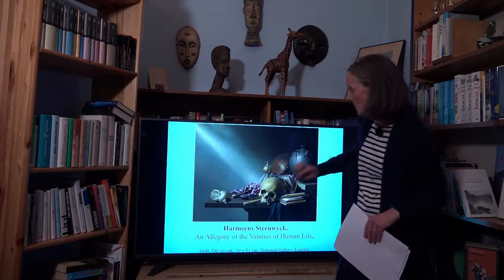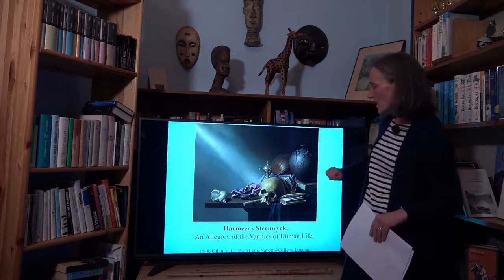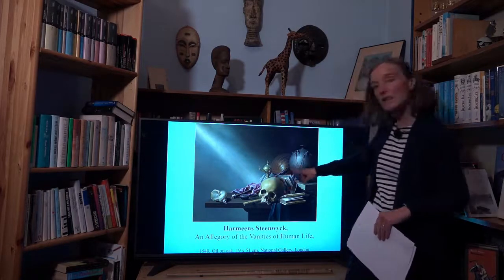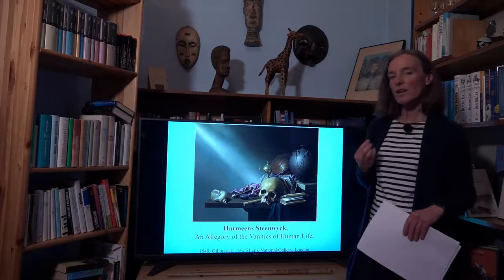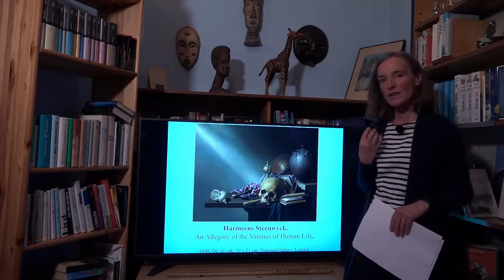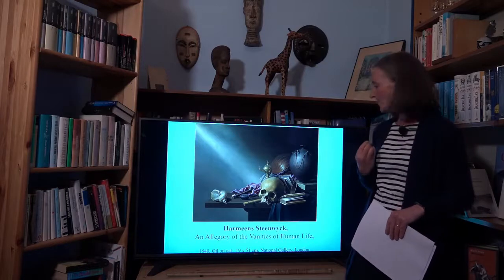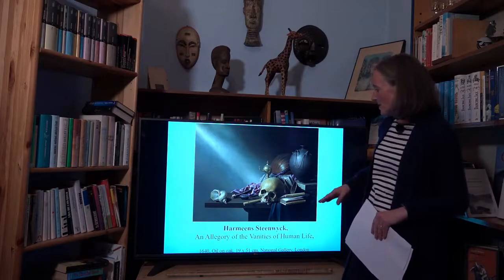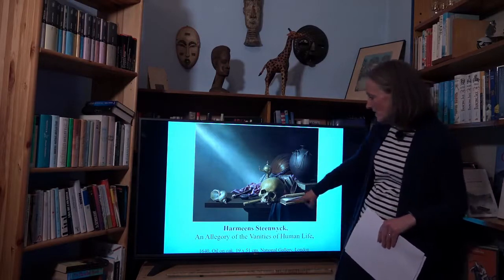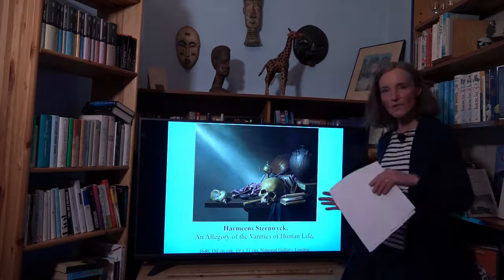So we have round shapes, oval shapes, we have diagonal lines. Diagonals, by the way, are often something which make a painting so much more dynamic. So even here, with the book's diagonal lines, everything is crisscrossing.